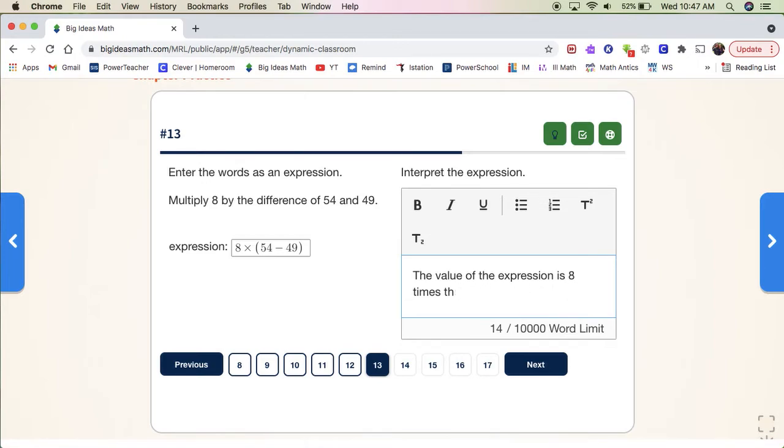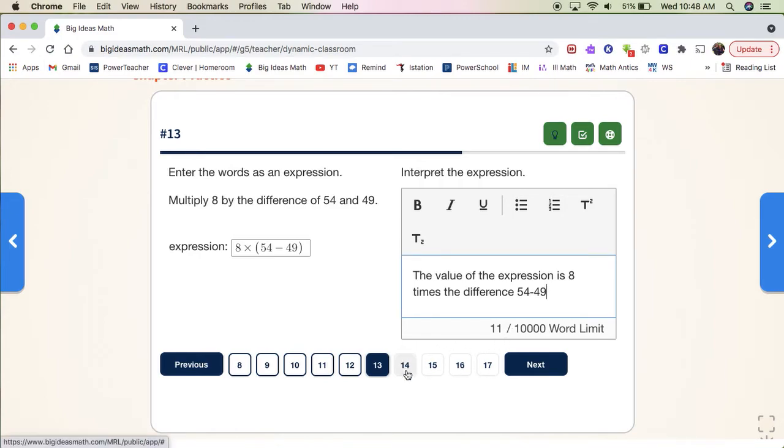I'm more comfortable with the other, but either one could work. No, that says something different. I think I'm going to leave it the way I had it the first time, the difference, because I don't want you to say 8 times 54 and then subtract 49 from it. That would be different. Yes, I like that. We're going to leave it like that.